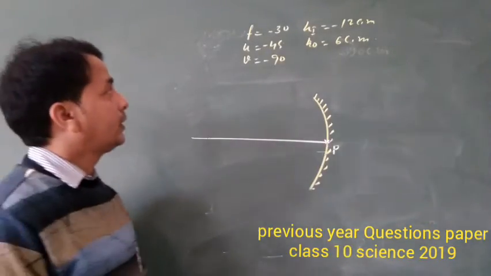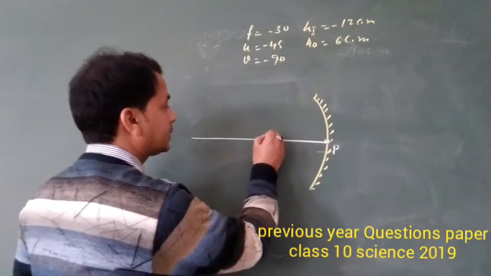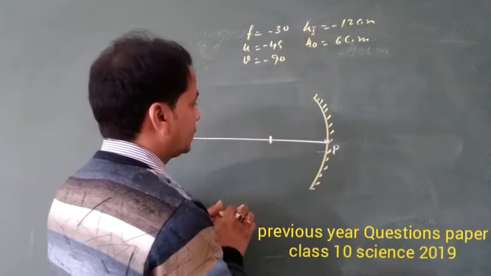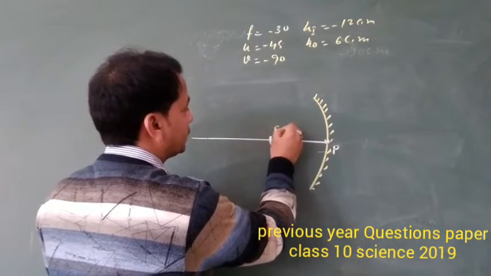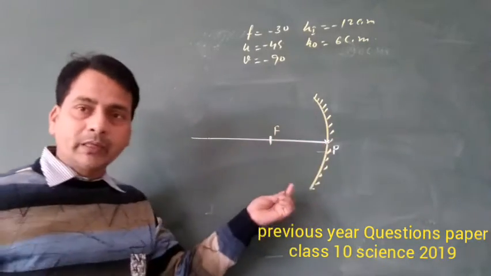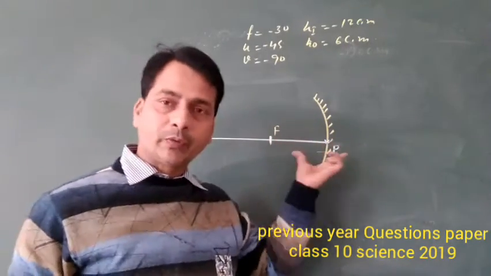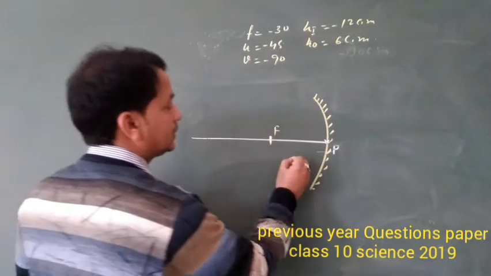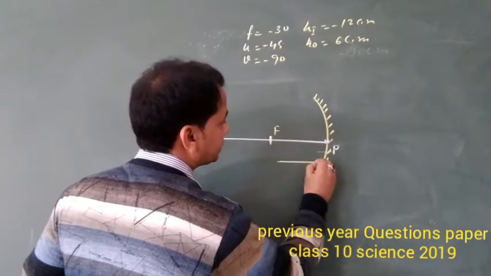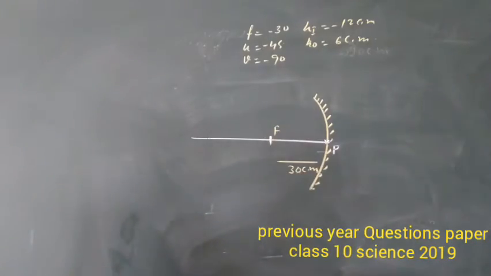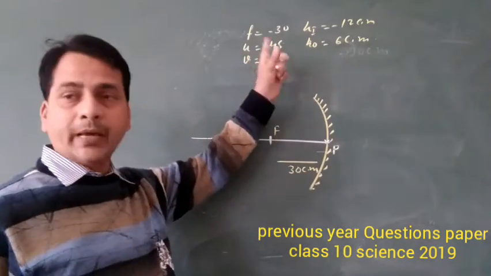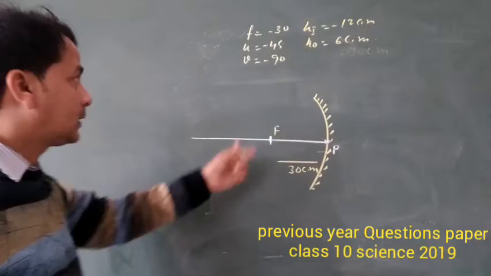And here is the focal length, that is 30 centimeter. Focal length means the distance between the pole and focus is 30 centimeter. And the object distance here is given 45 centimeter, minus 45.